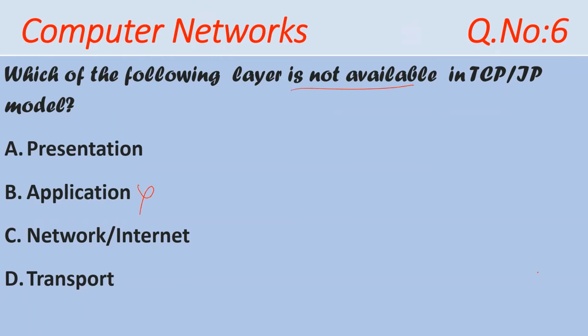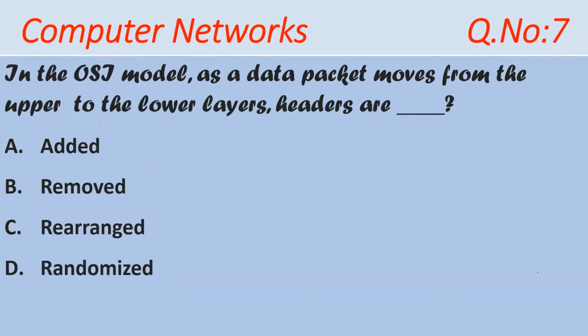The transport layer is also available, and the network layer is also available. Something which is not available in the TCP/IP is the presentation layer. So the answer is the presentation layer. It is there in the OSI reference model, but the presentation layer is not there in the TCP/IP model.